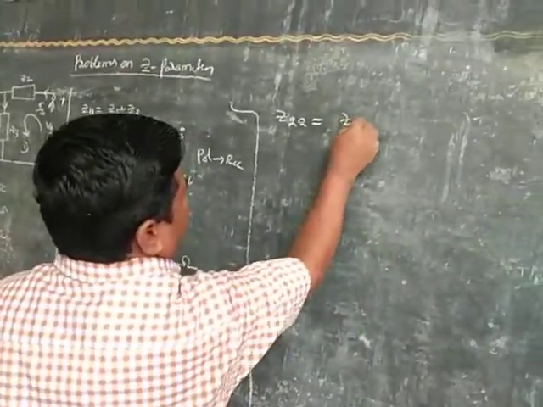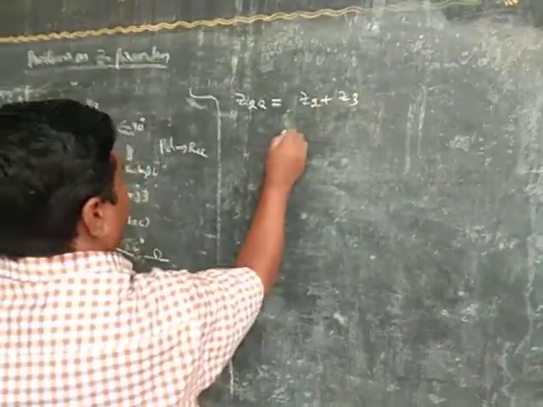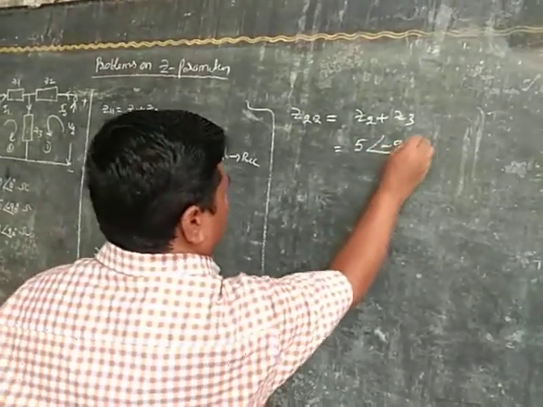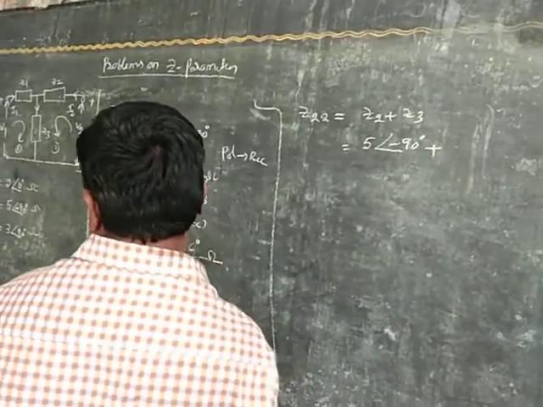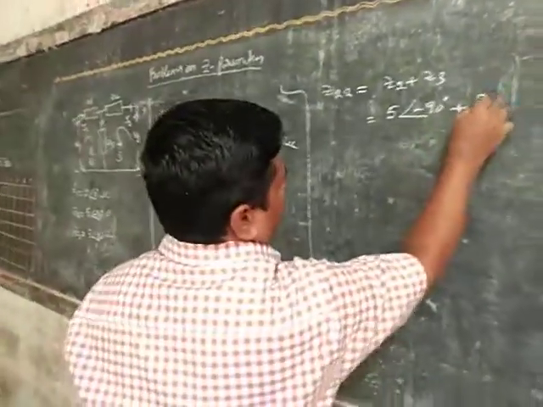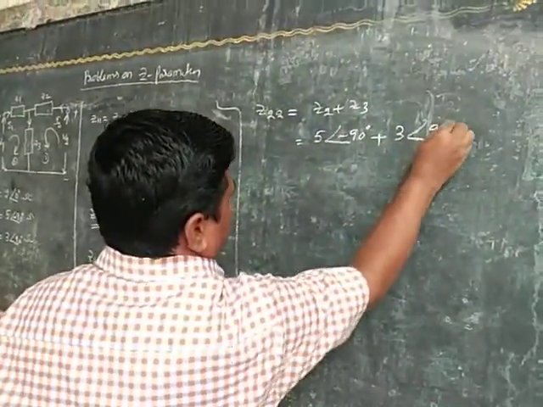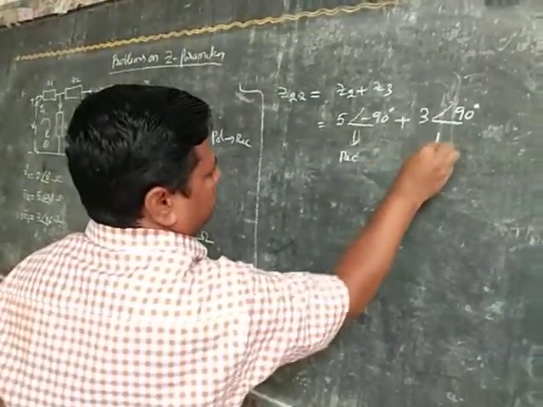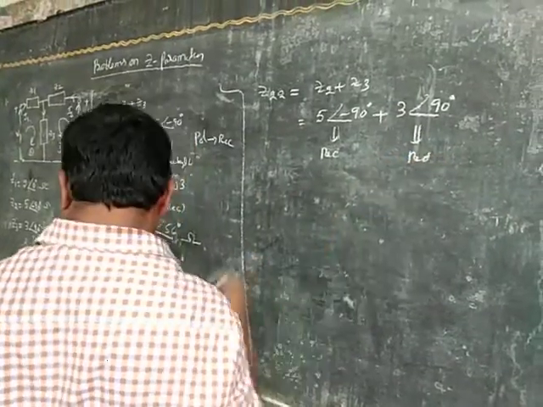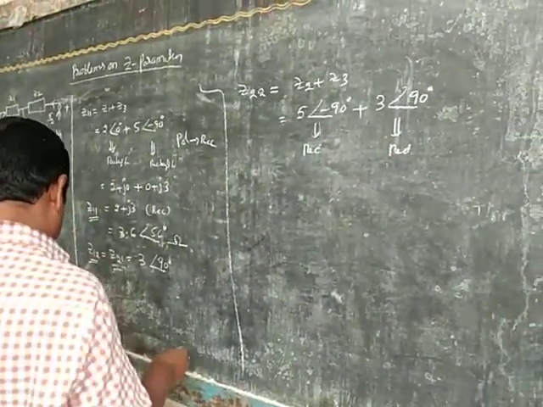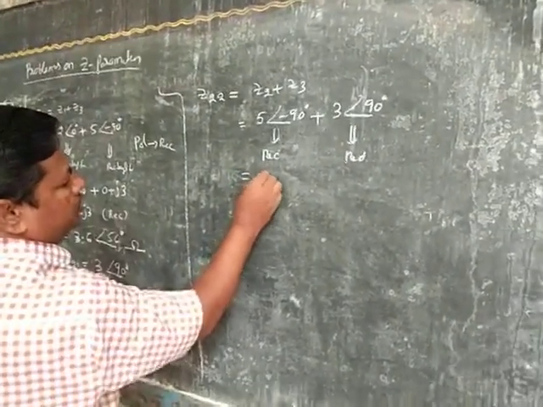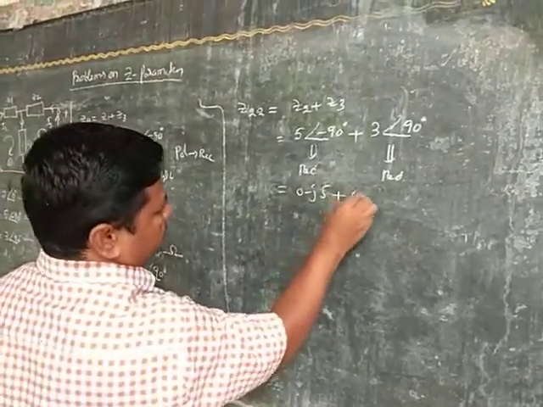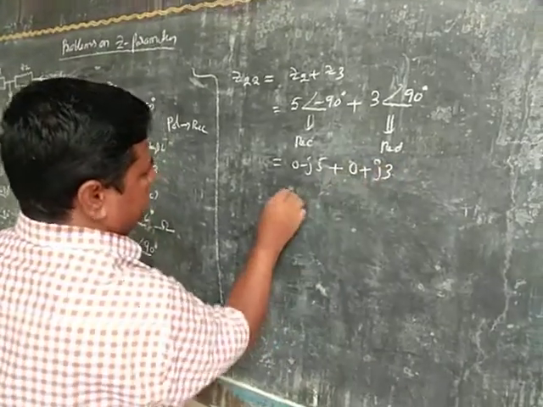Z2 plus Z3. What is Z2? Z2 is equal to 5 at an angle of minus 90 degrees plus 3 at an angle of plus 90 degrees. First convert into rectangular form. Then the value is 0 minus J5 plus 0 plus J3.